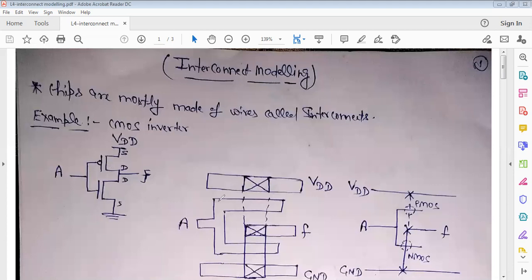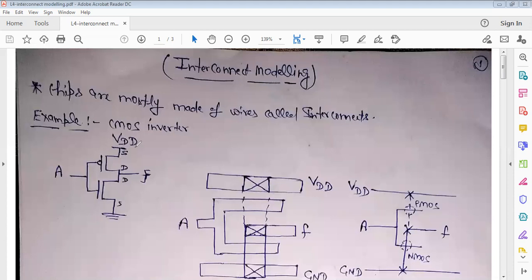We are drawing a diffusion line here for PMOS and a diffusion line for NMOS. Because there is a connection between these two diffusion lines, a connection is made here by defining the cross sign. This is the interconnection.